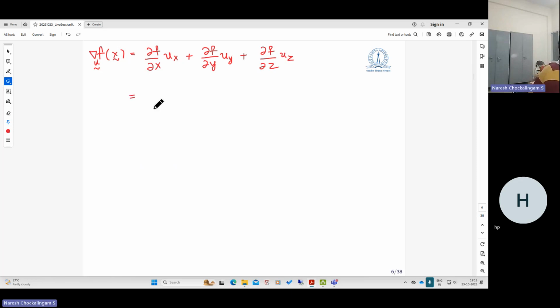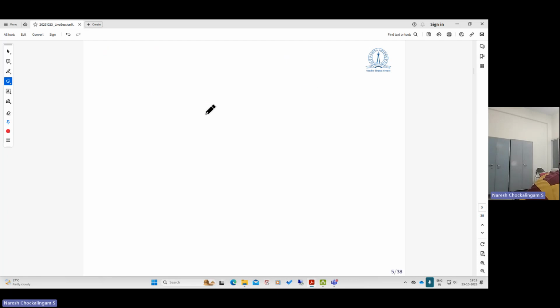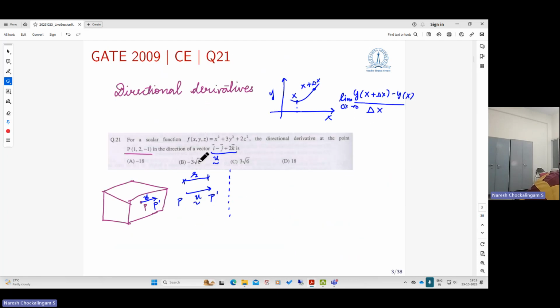This you can write in a concise form as the gradient of f dot product with the vector u. The important thing to note here is that this is true only if u is a unit vector. So the directional derivative is dependent only on the direction, not on the magnitude of the vector which is specified.